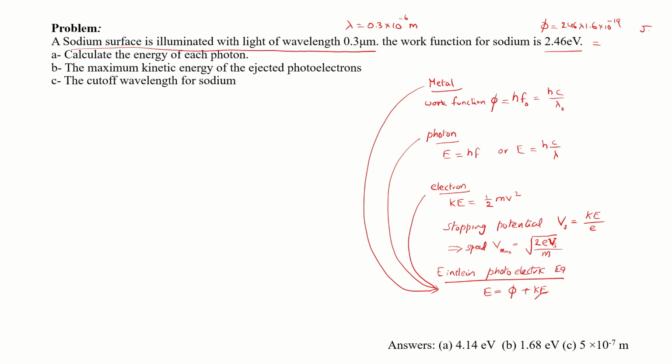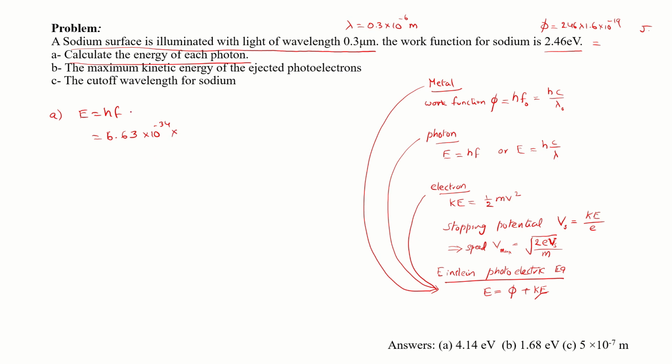Okay, let's calculate the energy of each photon. Energy of the photon: E equals hf is the formula. h is Planck's constant, around 6.63 or 6.626, it's up to you, times 10 to the power of minus 34, into the frequency.